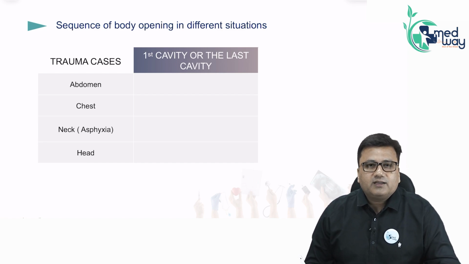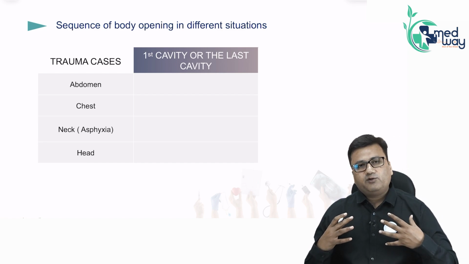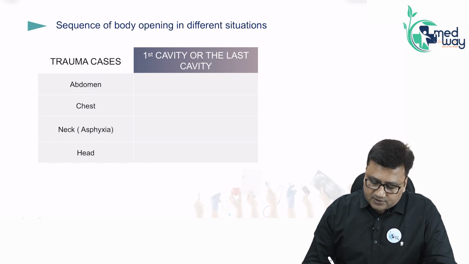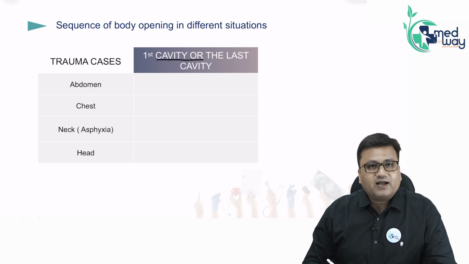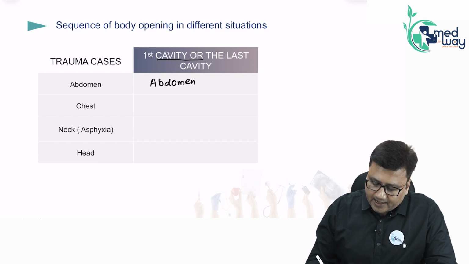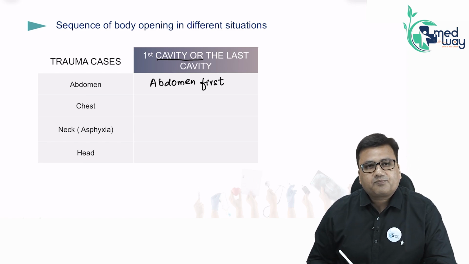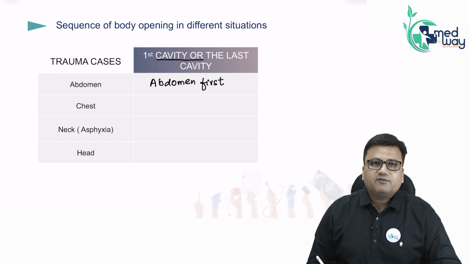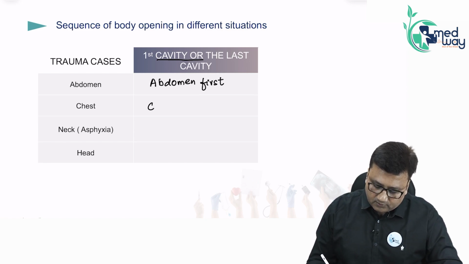If there is trauma in the abdomen, which means we are expecting to find the cause of death in the abdomen, the first cavity that we open should be the abdomen first, right? If the cause of death is in the chest, the first cavity that should be opened is the chest first.